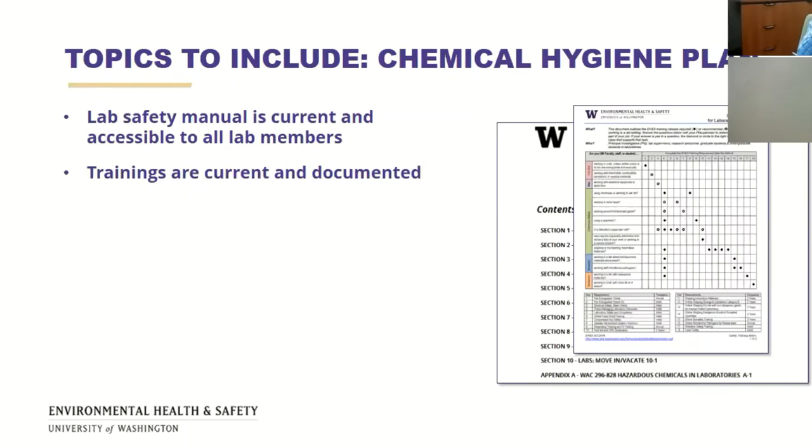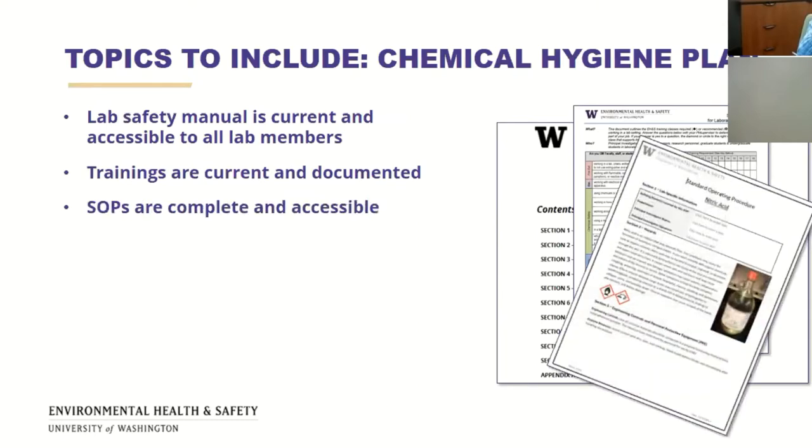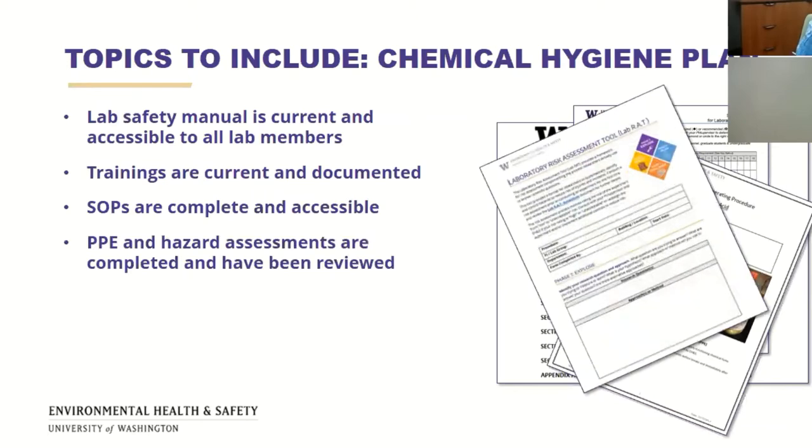You want to review that training records are current and all necessary trainings have been documented. You should check that you have SOPs for all the hazardous chemicals and materials in use, that your SOPs are complete and that they're accessible.